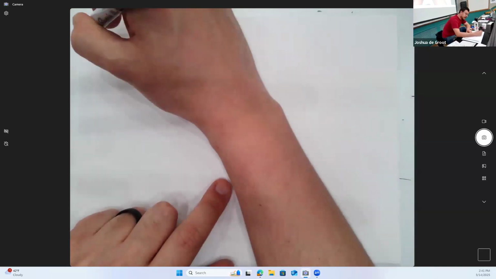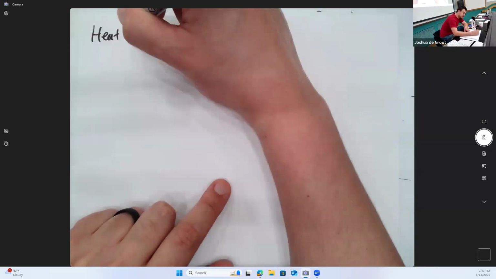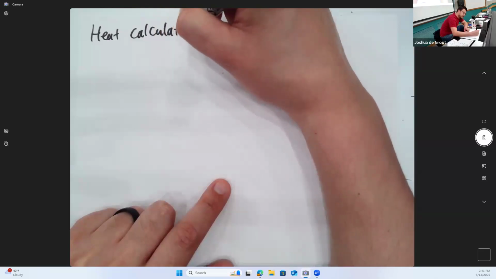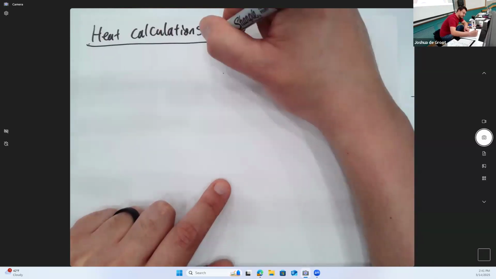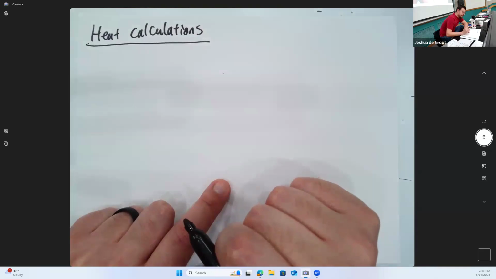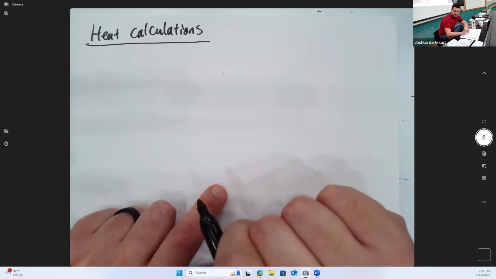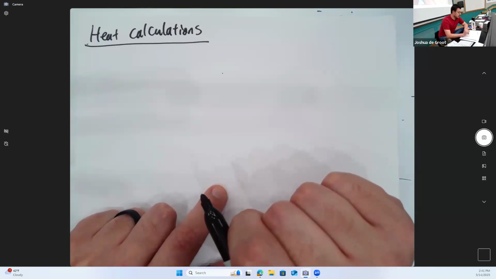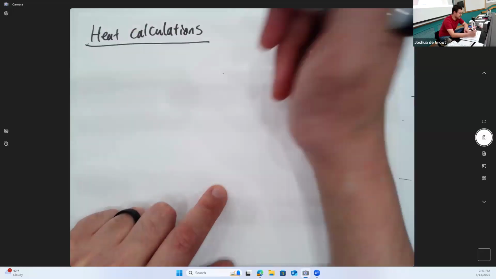Okay, so let's talk a bit about heat calculations. There are 2 kinds that we do in Chem 101, and just 2 main ones.